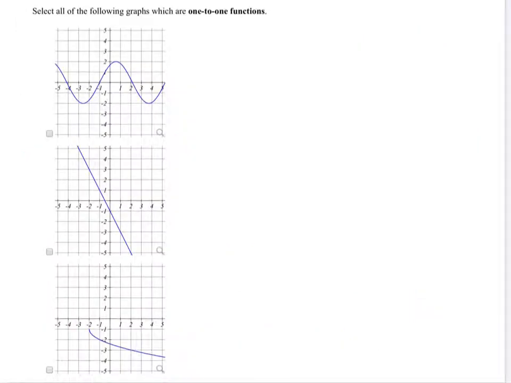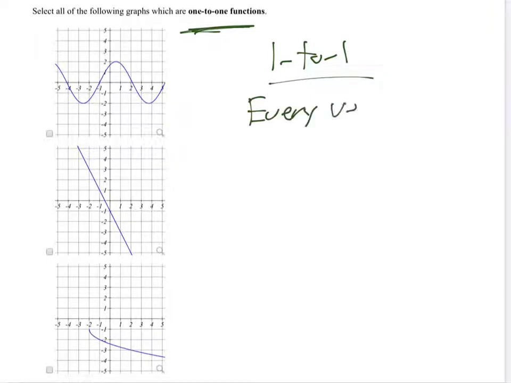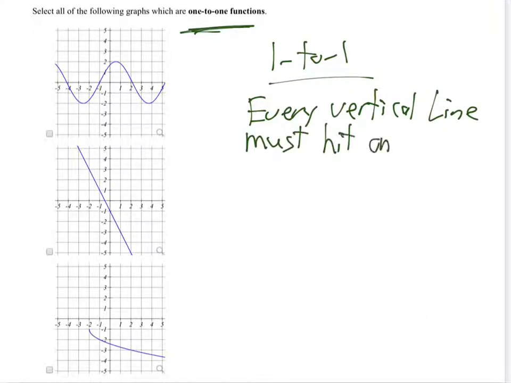And now, back to the graph thing again. This time, they're saying 1-to-1. Not just function, like they did last time. Now they're saying they want it 1-to-1. What does that mean? Remember what we said last time? Every vertical line must hit only one point, right? That was the vertical line test.